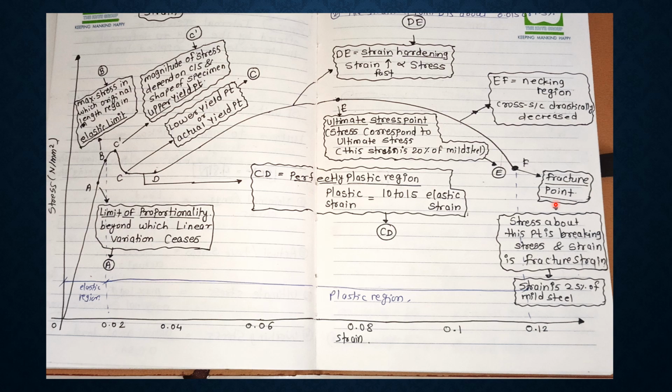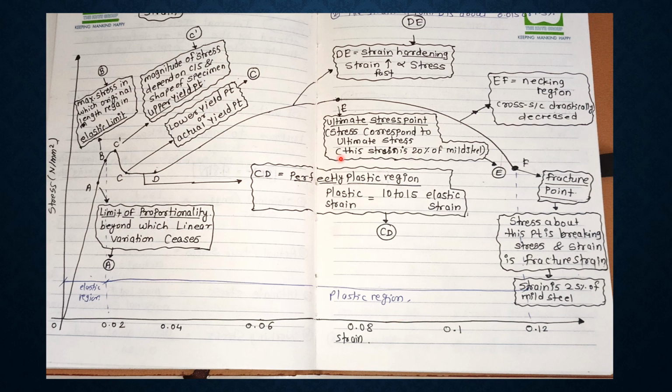The stress at that point is the breaking stress, and the strain at that point is the fracture strain, which is 25% for mild steel. From B to F, that region is called the plastic region.